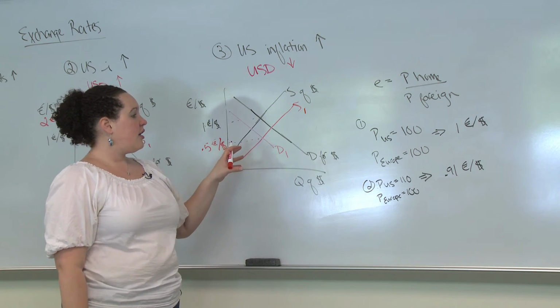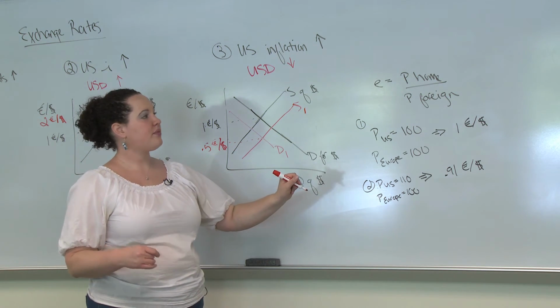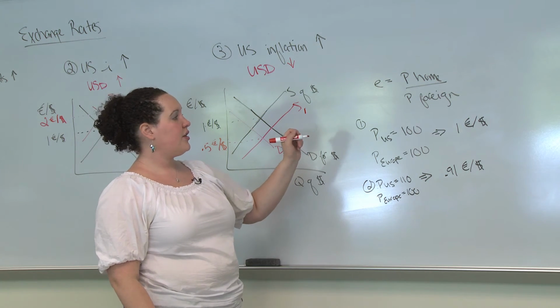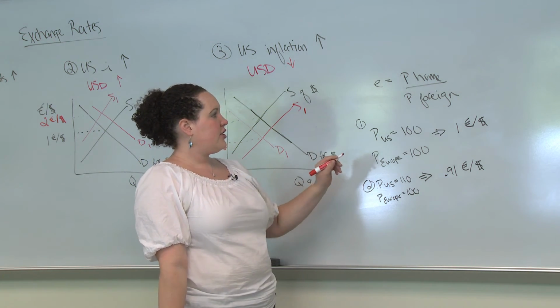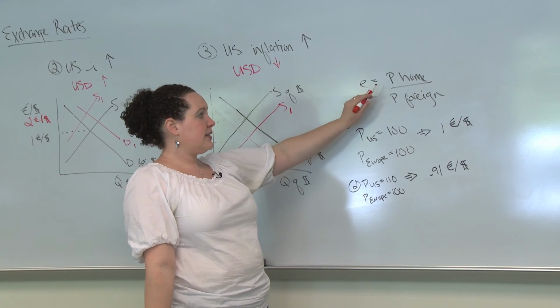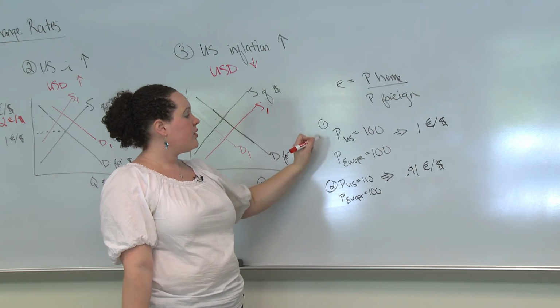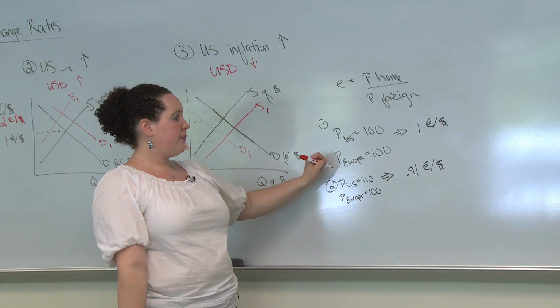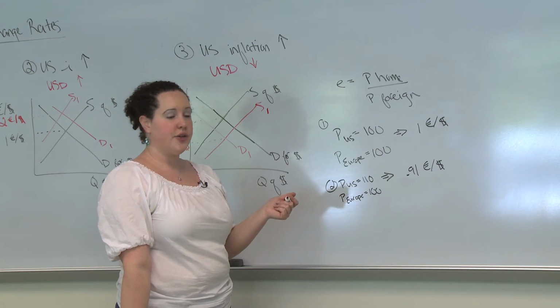So we've shown that graphically, and then we can also show it mathematically as well. Here we're treating the euro as the home currency. So to figure out the nominal exchange rate, we just do the price level of the home country over the price level of the foreign country. So if both of the price levels, both in the US and in Europe, are 100, we end up with an exchange rate of €1 per dollar.